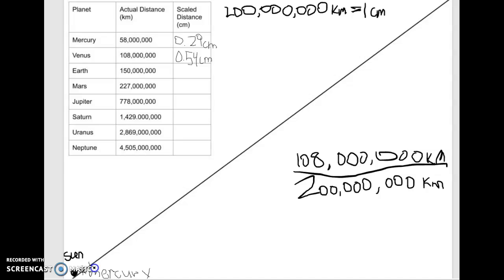I'm going to put another X, and I am going to label this one Venus. And I will continue until I have the entire solar system on this one line.